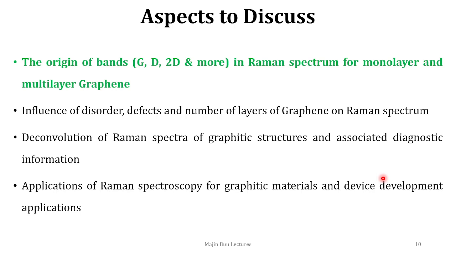So the aspects that we'll be discussing in the course of this lecture series begin with the origin of bands. As I had mentioned in the initial slides, graphene as a material is being widely used for a lot of engineering applications, especially electrochemical energy storage devices, electrochemical sensors, fuel cells, and whatnot.